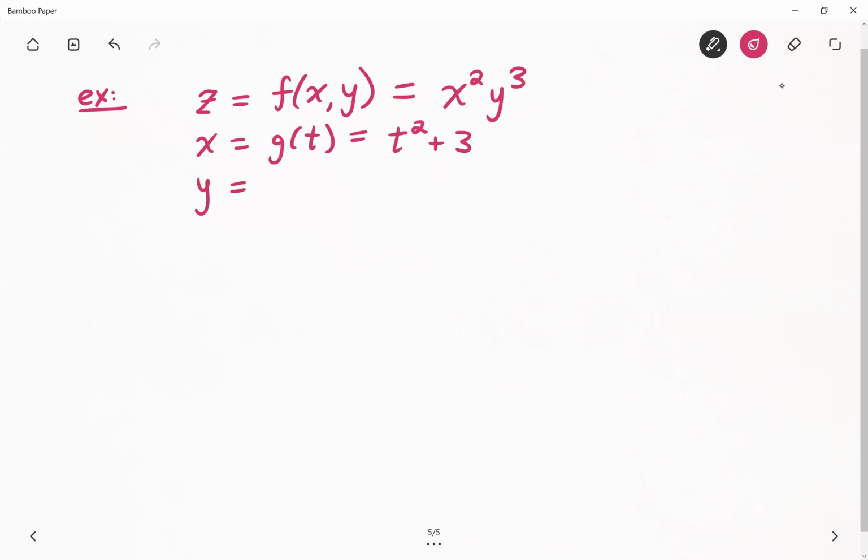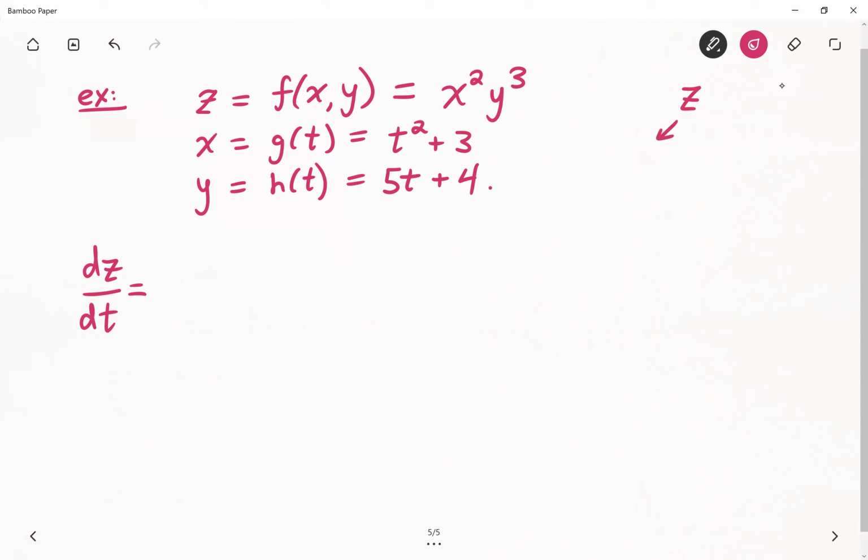Maybe y is also a function of t. Maybe this is 5t plus 4. And our question is, what's the derivative of z with respect to t? In other words, as t changes, how does that affect z?